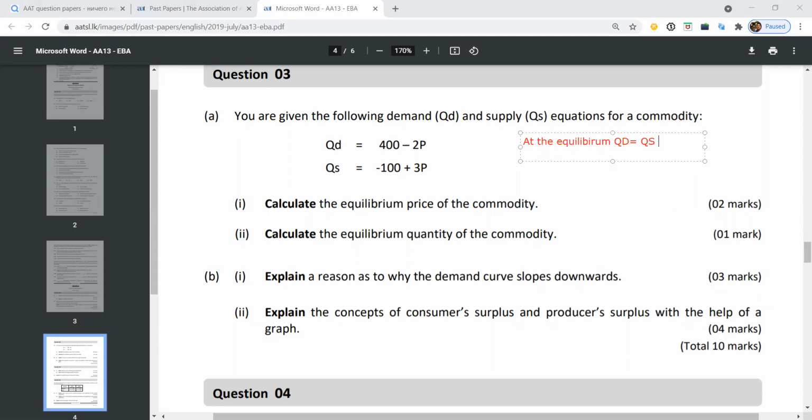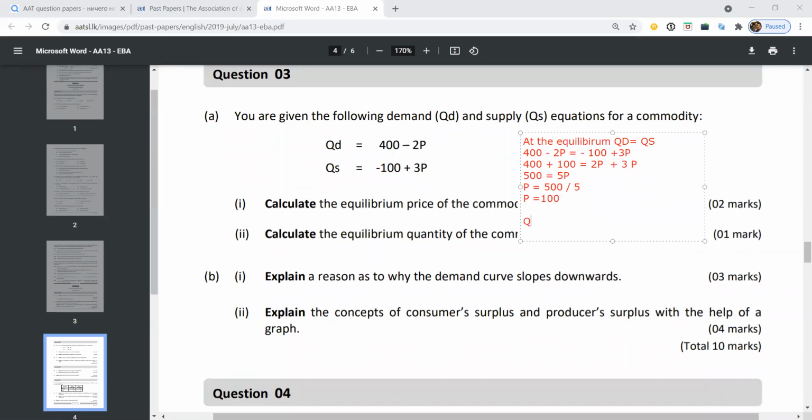So 400 minus 2P equal minus 100 plus 3P, 100 plus 100, 2P plus 3P, 500 equal 5P. 500 divided by 5, then P equal 100.